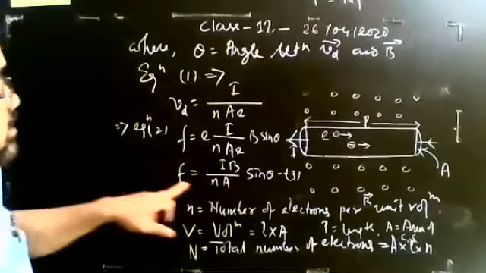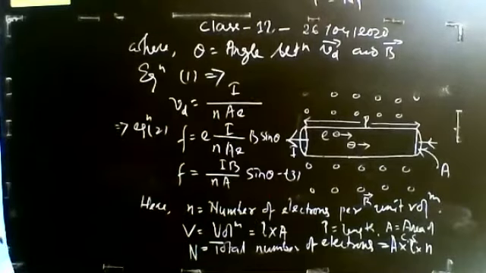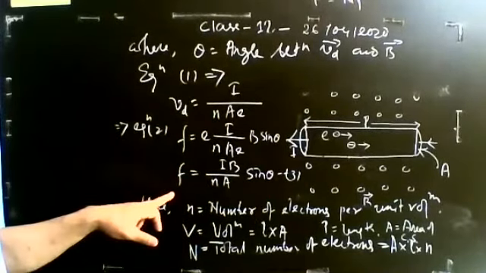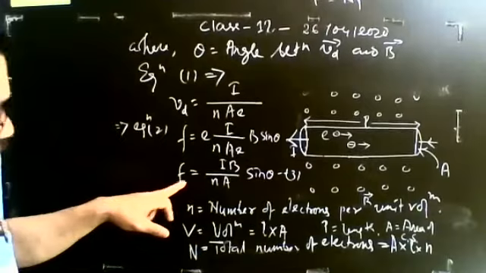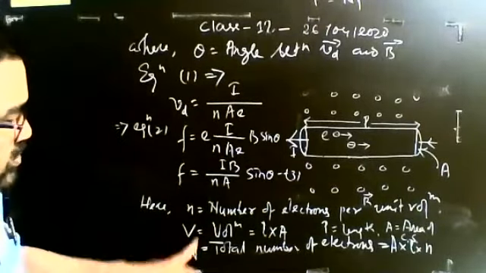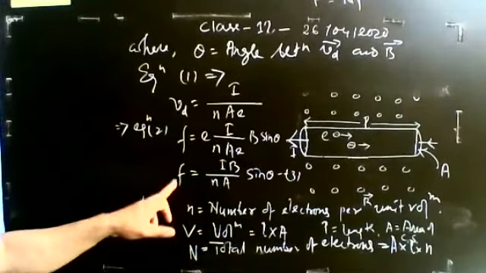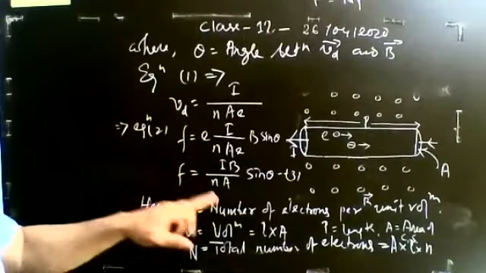Equation 3 gives the force experienced by a single electron. Capital N gives the total number of electrons. Small f gives the force experienced by a single electron.